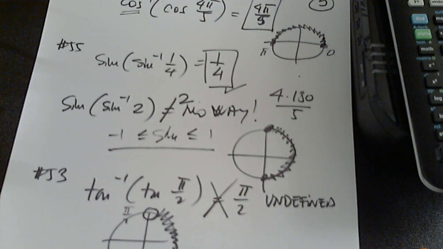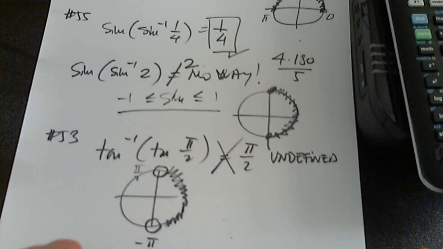Okay, let's say one more and continue. Is there another one that you would like to work on? Let's look at 52. So I have sine inverse of sine of -3pi/4.